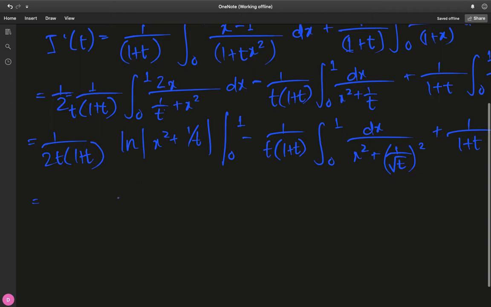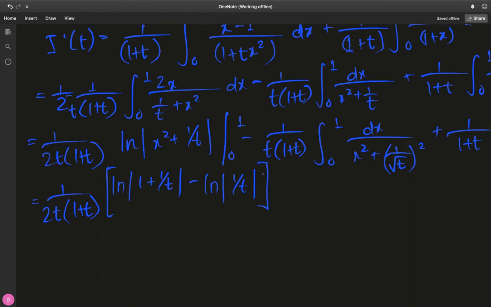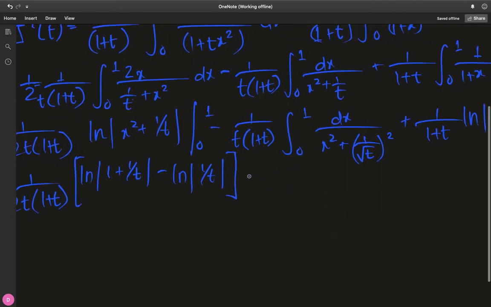Okay, so plugging in the upper and lower bounds, we have 1 over 2t times 1 plus t, and the natural log of, well, when x is 1, we have 1 plus 1 over t, minus when x is 0, we have natural log of 1 over t, minus 1 over t times 1 plus t, and this is a classic form of the inverse tangent.